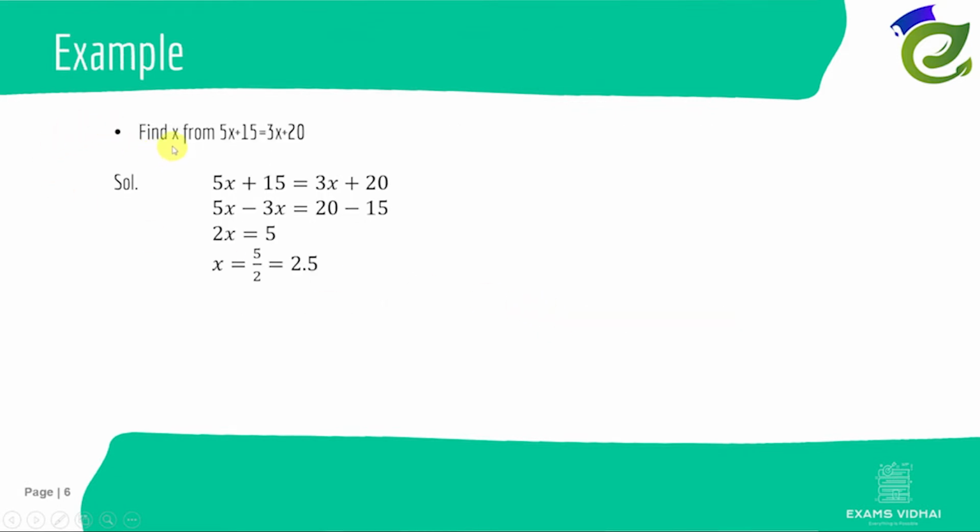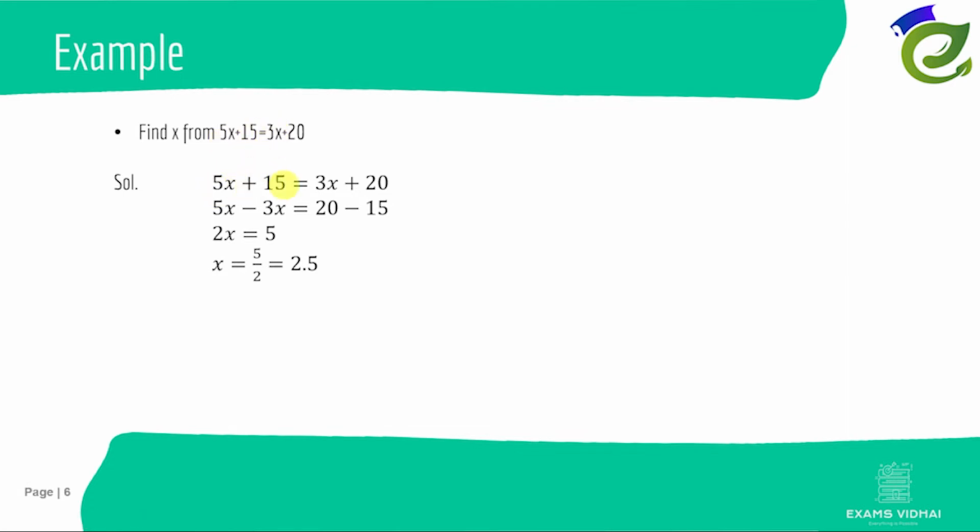So the question here is find x from 5x plus 15 is equal to 3x plus 20. So let's see if this fits the definition of linear equation with one variable. We can see it's a linear equation because the variable here is only x and its power is not more than 1. It's exactly 1, so it's a linear equation. And it's one variable because x is the only variable here.